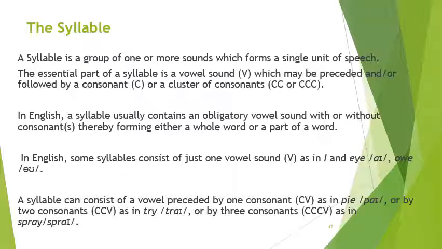The essential part of a syllable is a vowel sound. In realizing a particular syllable, the most important sound is the vowel, which may be preceded and followed by a consonant. It may be preceded, meaning you may have a consonant opening a syllable, then the vowel, or you can have the vowel opening the syllable, followed by a consonant or a consonant cluster.